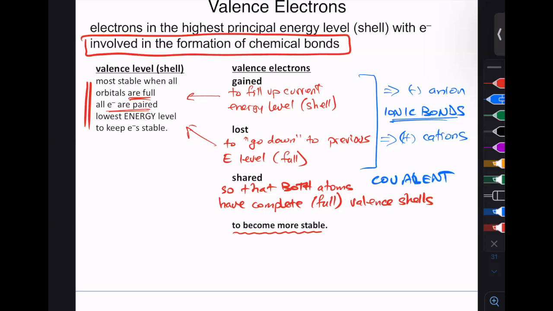But now you know a little more about these terms and understand what the word covalent means. Covalent: they're sharing the valence electrons. So by the process of sharing, both atoms think that they do have full valence shells, even though they're really just sharing some of the electrons.